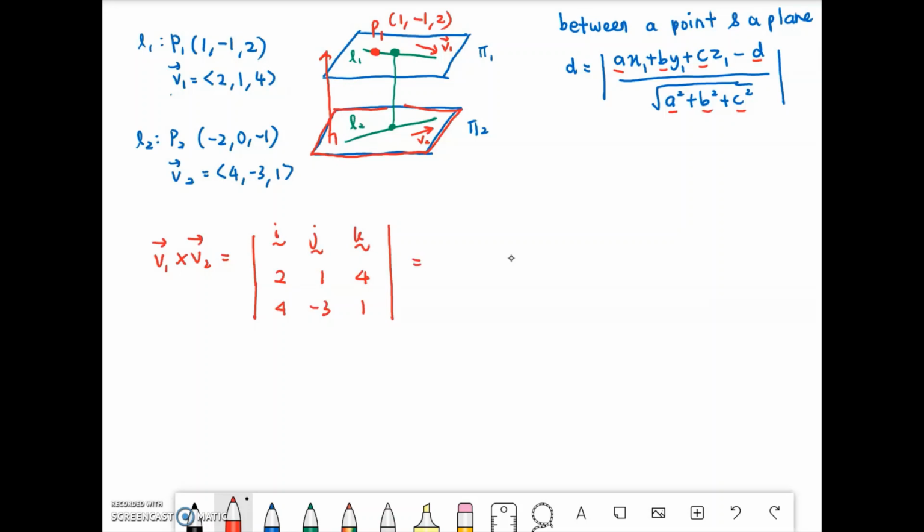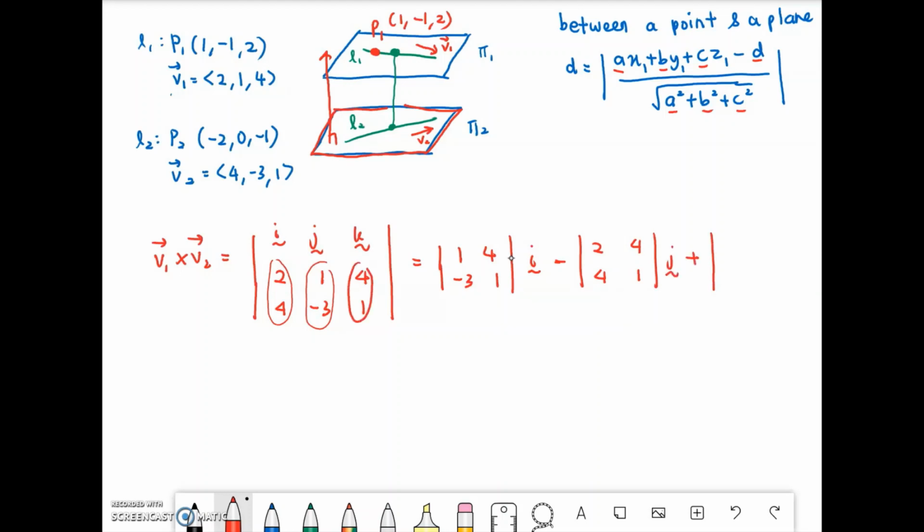Solving this, first for i we close the row for i, so we have 1, 4, -3, 1. Minus j, so we close this, what is left is 2, 4, 4, 1. Plus k, so we close this row, so we have 2, 1, 4, -3. Then find the determinant.